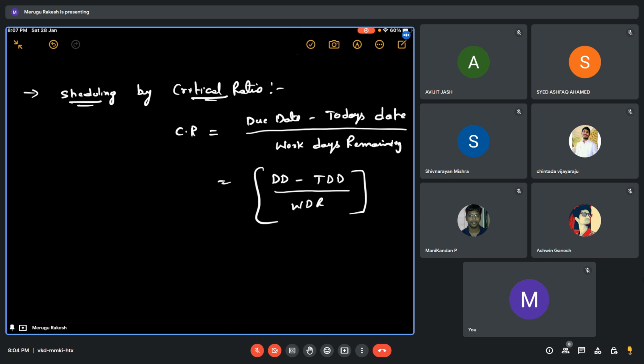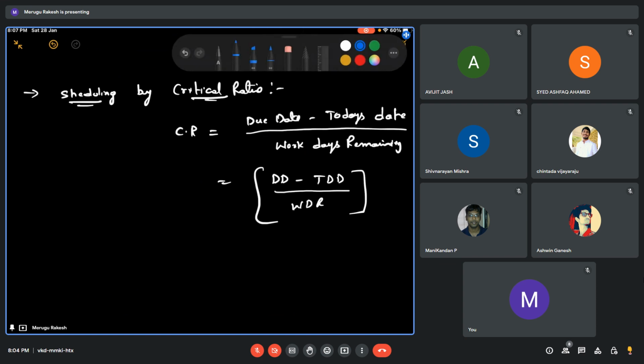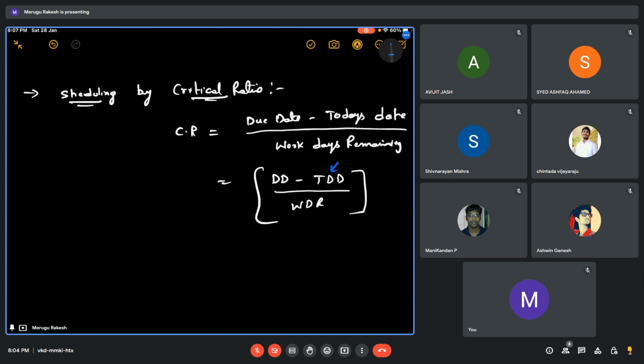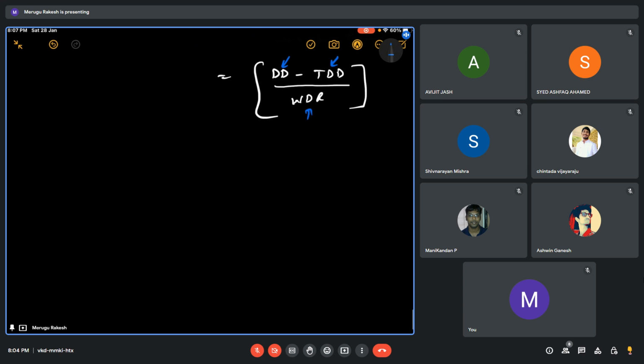For this, whatever parameters are required as input, they will give. They will give today's date and the due date. Then you can accordingly calculate the work days remaining. Simple example: today's date is given as 25th day, and I have some jobs.